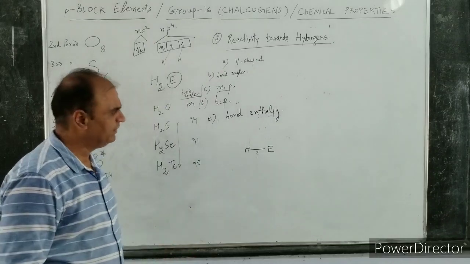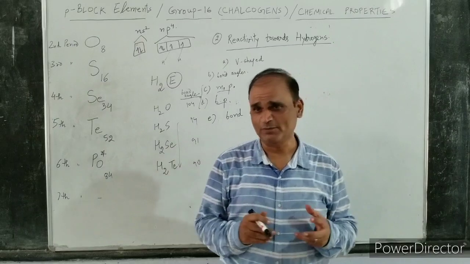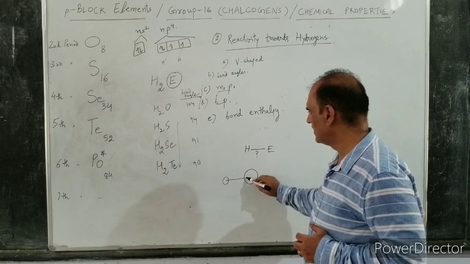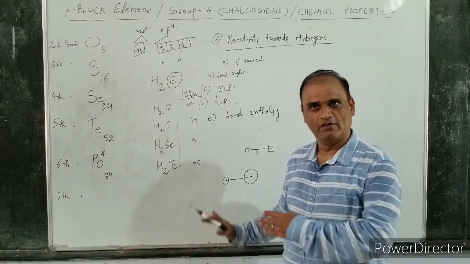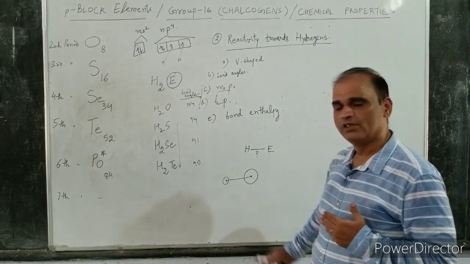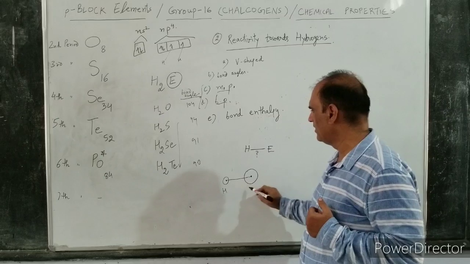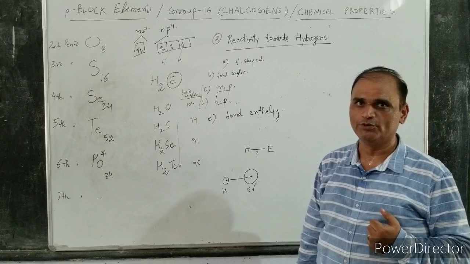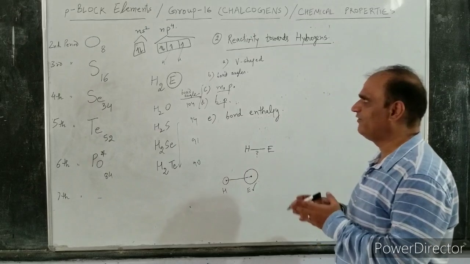It is very simple. Why decreasing? Because you know that bond enthalpy depends upon the size of atoms. When the sizes of combining atoms are comparable, the bond is stronger. When there is more difference in size, the bond becomes weaker. So on moving down the group, H remains common, but the size of the E atom is increasing. So bond enthalpy is going to decrease, and due to this decrease in bond enthalpy, it affects their stability.